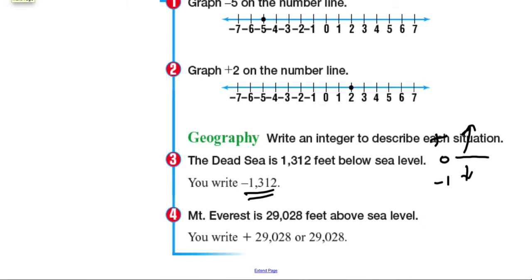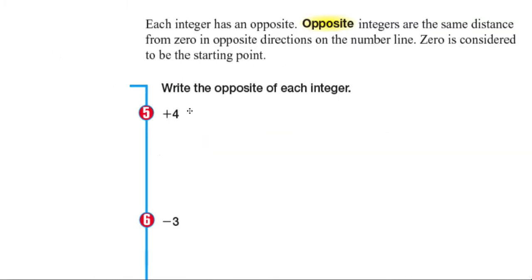Let's take a look at what an opposite is. Each integer has an opposite, and remember the definition that you wrote down. Opposite integers are the same distance from 0 in opposite directions on the number line. 0 is considered to be the starting point of our number line. We want to find the opposite of each integer.